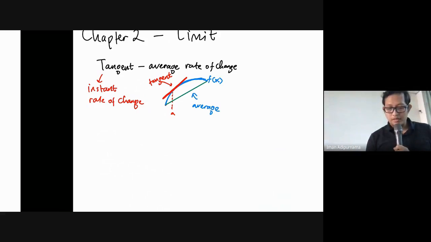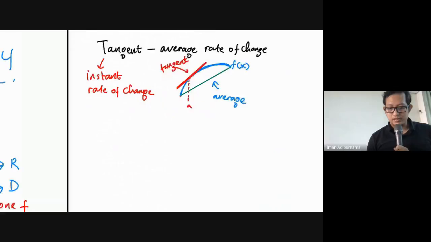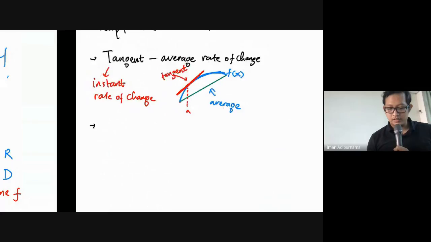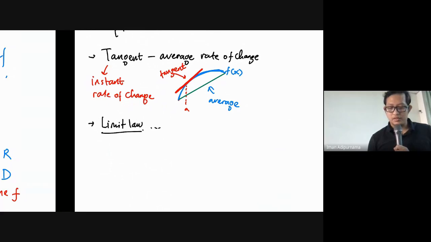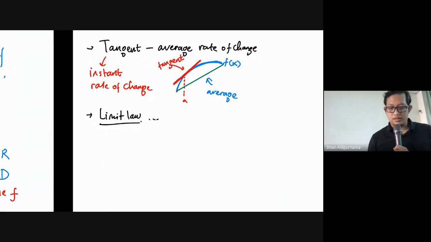But before that, in limit, there are several points. The limit laws: I think you should be able to use the limit laws. There's nothing complicated in the limit laws. And the precise definition of limit uses epsilon and delta.